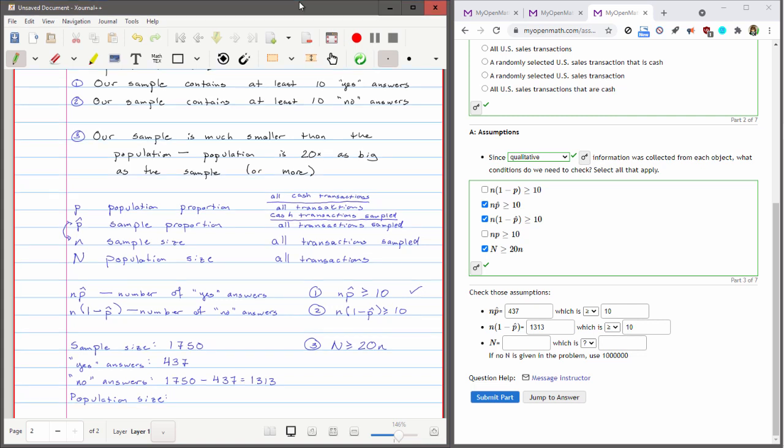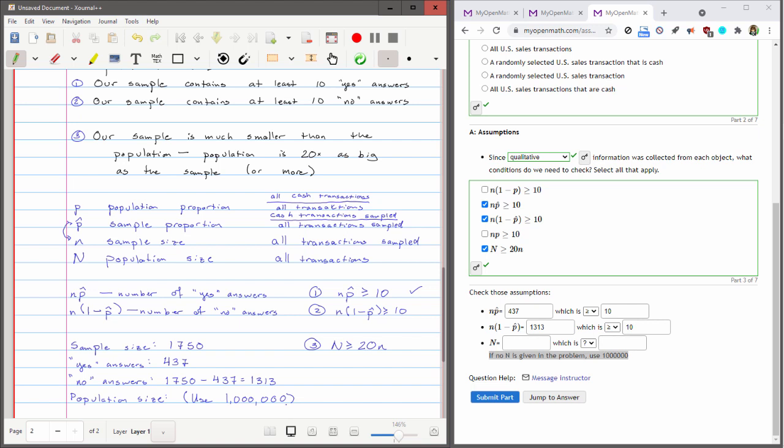Just counting all of them seems like it would be hard. So we have an instruction here. If no big N is given, use this big number, 1 followed by 6 zeros. That's 1 million. Use 1 million is what the problem tells us to do.